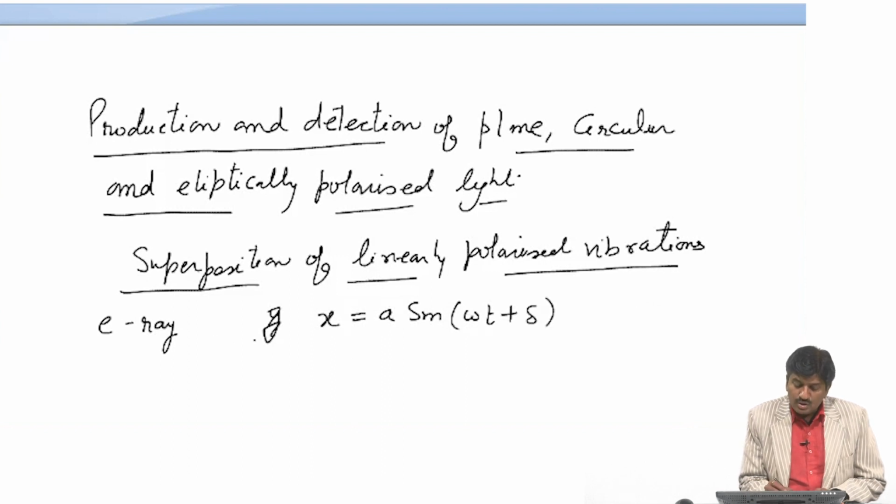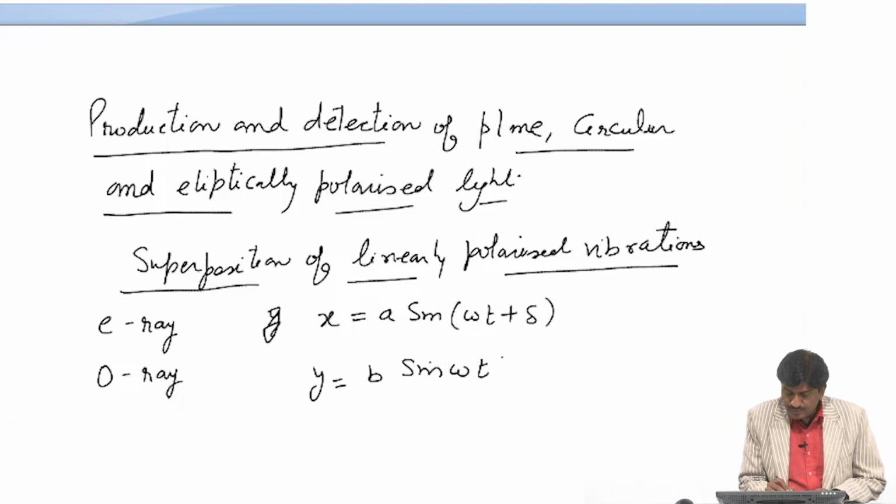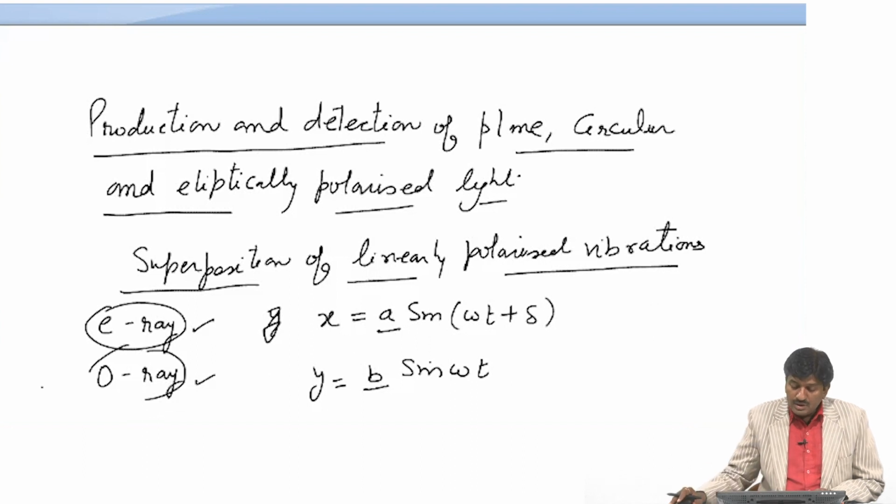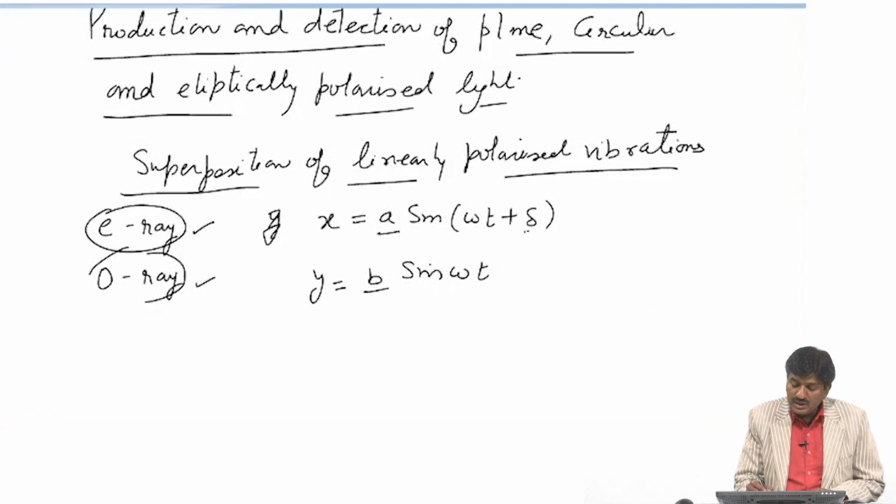This is the equation of the E ray, and the equation of the O ray is y equal to b sin omega t, where a and b represent the amplitudes of the E ray and O ray. We have already discussed the E ray and O ray in the previous video, and this delta represents the path difference between the E ray and O ray.